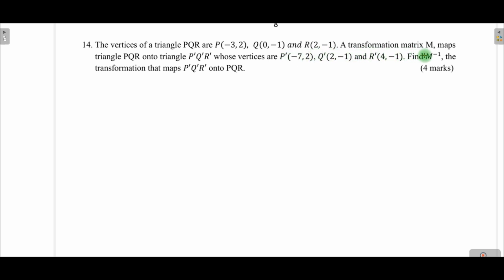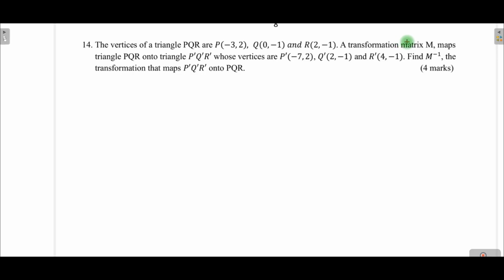A transformation matrix M maps triangle PQR onto triangle P'Q'R', whose vertices are P' is (-7, 2), Q' is (2, -1), and R' is (4, -1). Find the inverse of M, the transformation that maps P'Q'R' onto PQR.